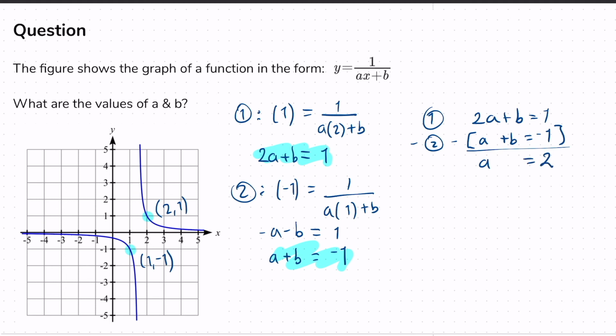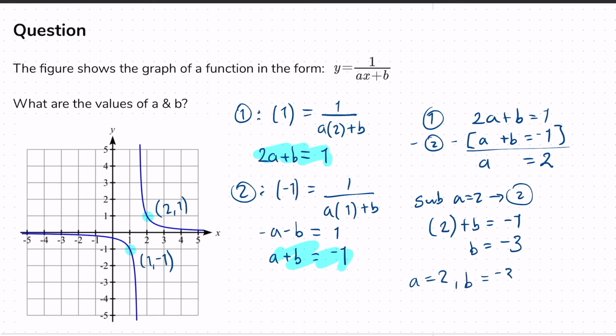So if a equals 2, then I sub a equals 2 into equation 2. So that's 2 plus b equals minus 1. Subtract 2 from both sides, and I get b equals minus 3. So what are the values of a and b? a equals 2, and b is equal to negative 3.